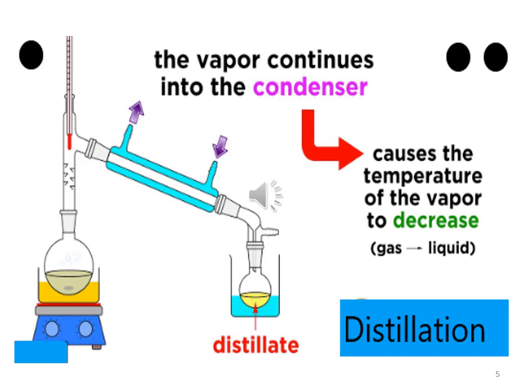This is a schematic diagram of the phenomena of distillation. Distillation actually involves several vaporization condensation steps which are taking place in the distillation column.